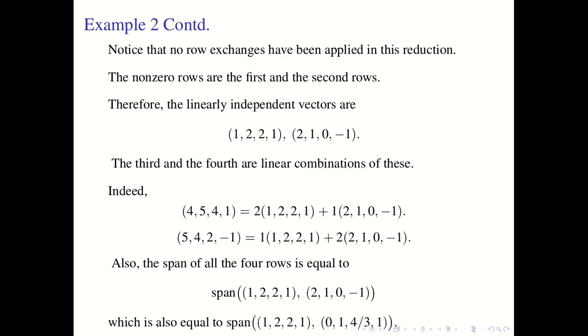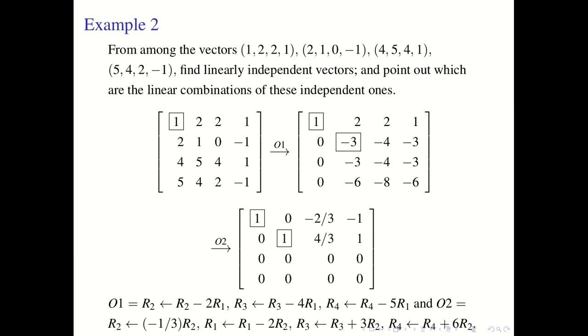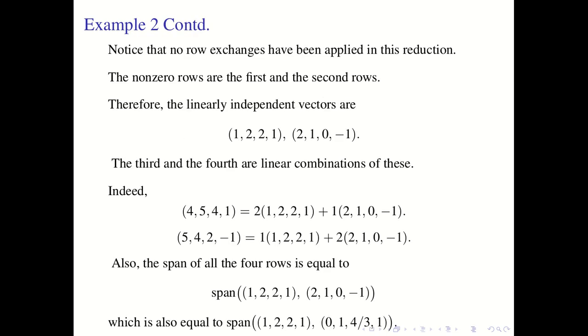We have not done any row exchanges, therefore the first two rows, the non-zero rows, correspond to the first two vectors that we took, that is 1 2 2 1 and 2 1 0 1. So these are the linearly independent vectors. Now the third and fourth are linear combinations of these vectors.